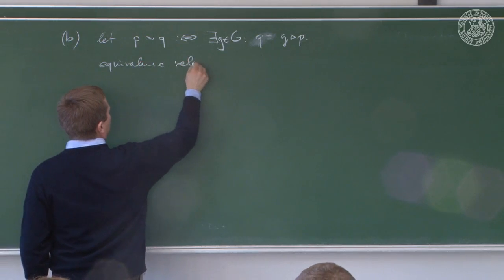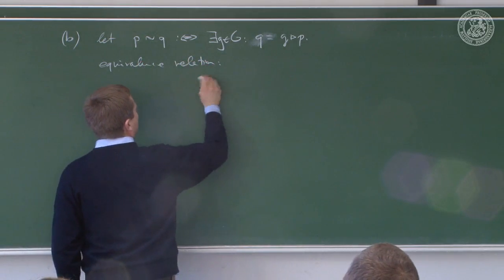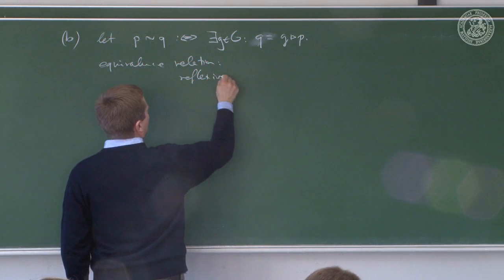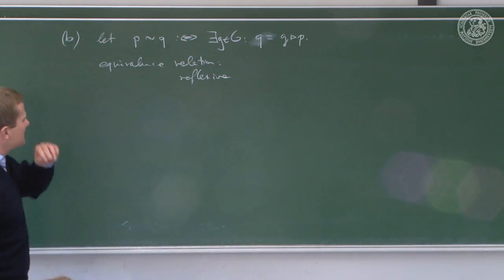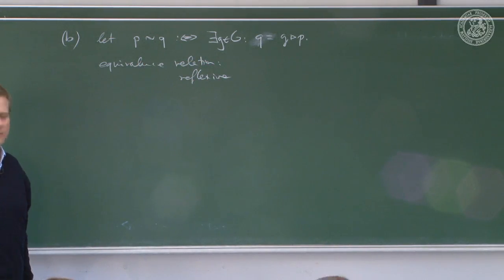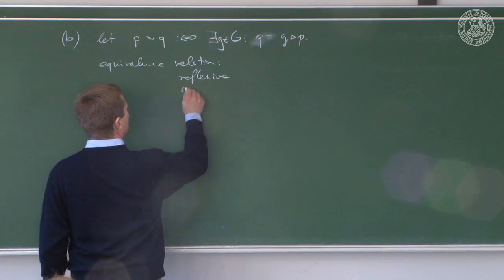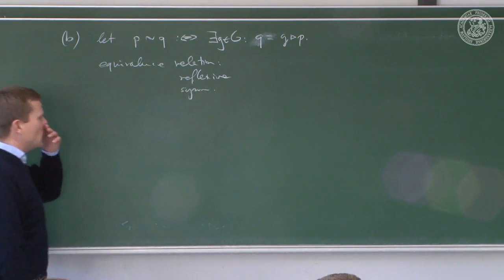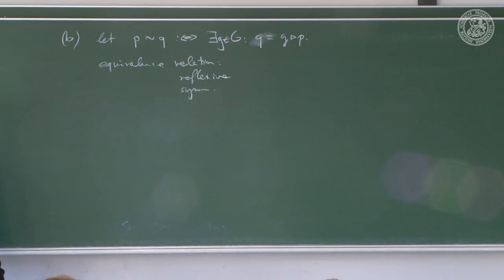So one can quickly check this is an equivalence relation. So it's reflexive. Why is it reflexive? Well, because the identity is always in the group. It's symmetric. Why is it symmetric? Well, because there's always the inverse in the group.